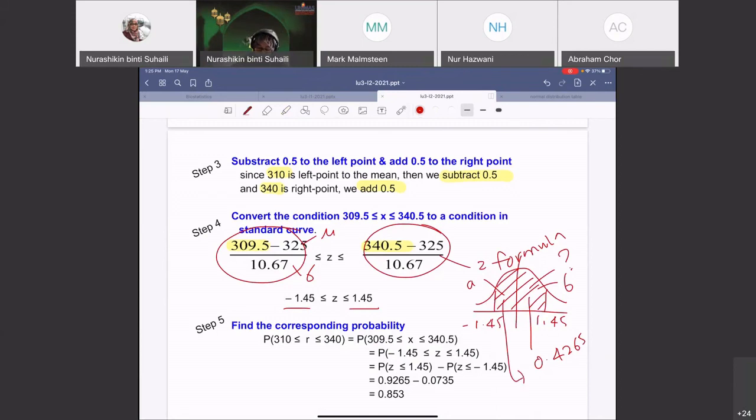This is also 0.4265. You just multiply by 2, then you will get this value. 0.4265 times 2 is 0.853.